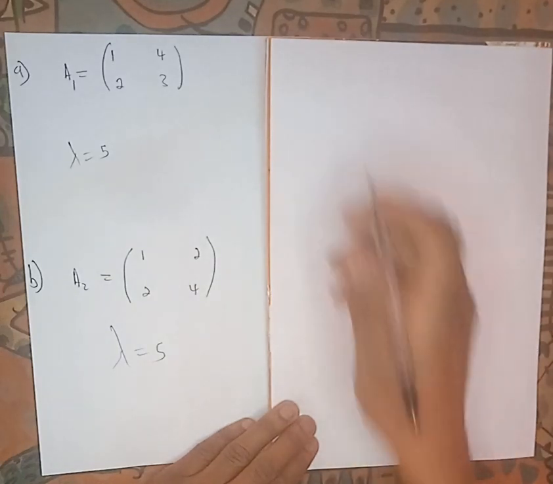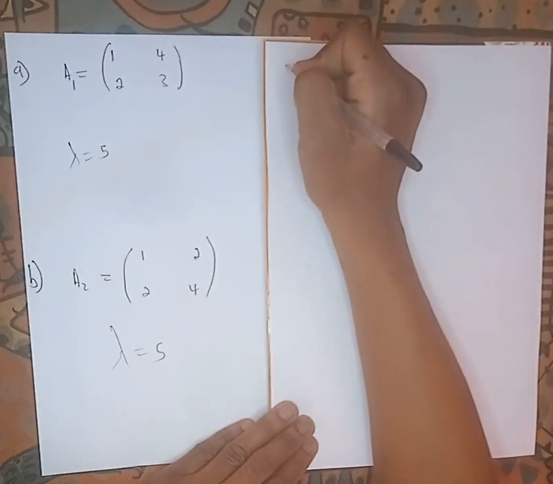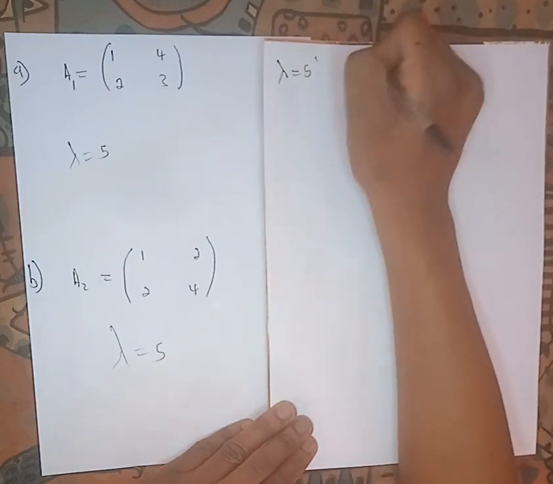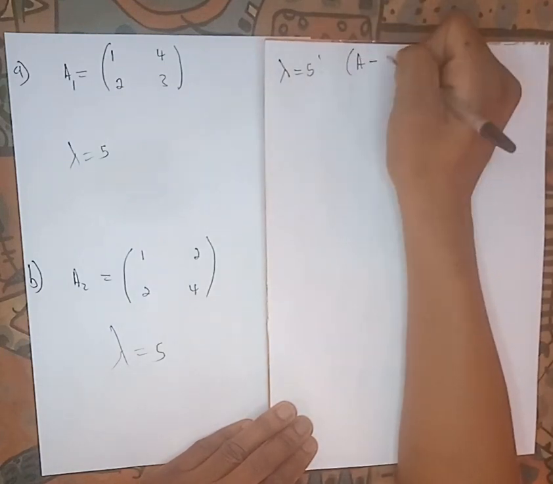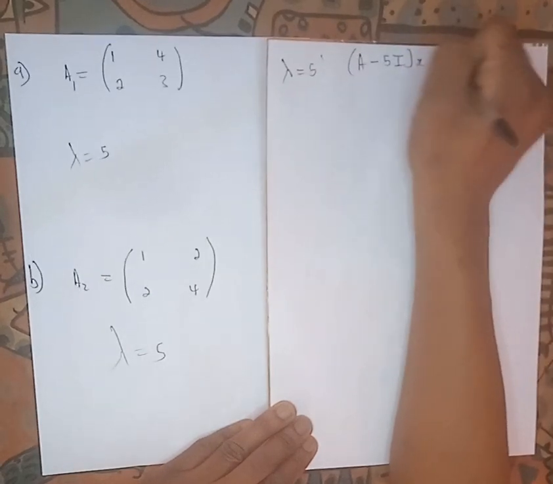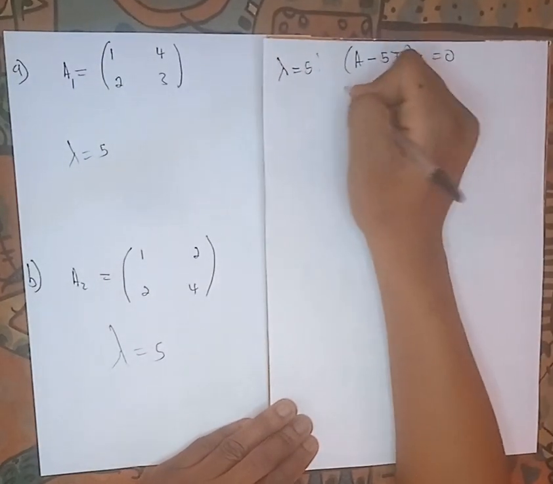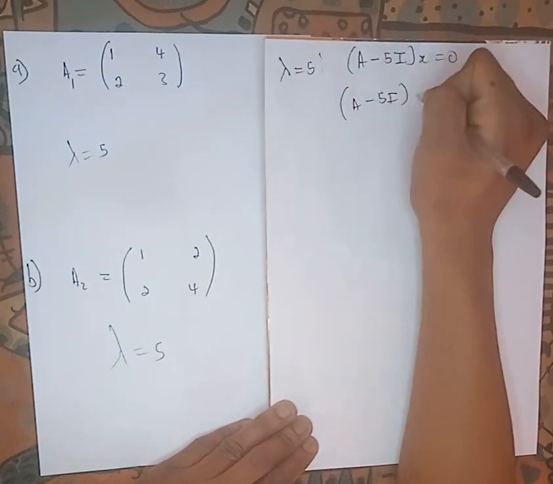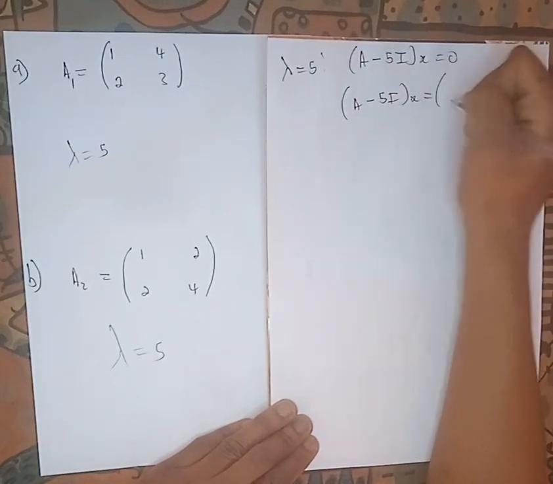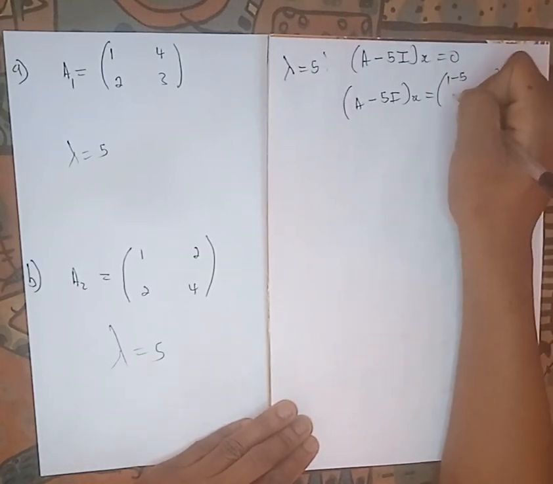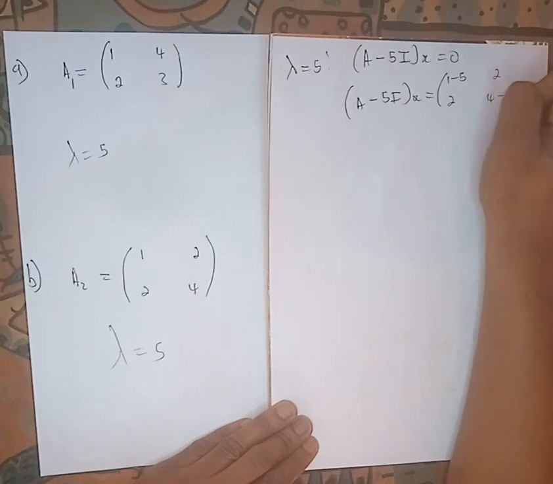When lambda equals to 5, we know that this is the equation that we are going to use. But my lambda this time is 5 multiplied by my identity matrix. So A minus 5I times x is the same as 1 minus 5, 2, 2, 4 minus 5.